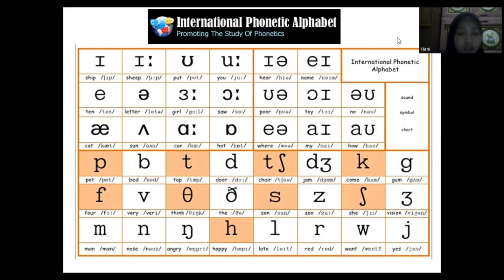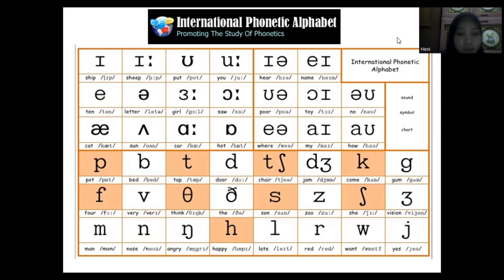Pronounced in the coronal area, th is voiceless. The example is think. Next, th is voiced.